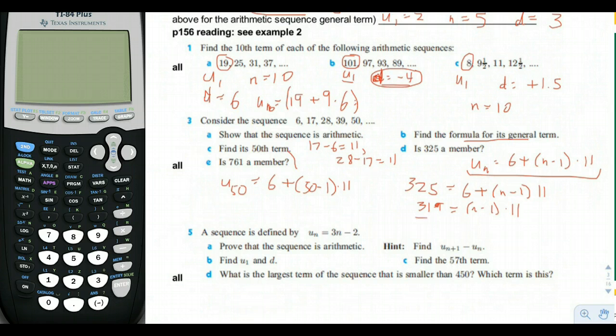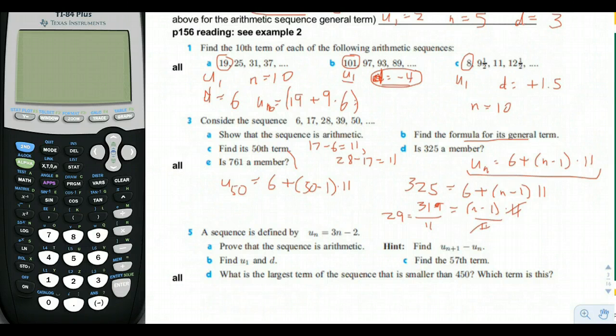Divide 319 by 11. Is 319 divisible by 11? As a matter of fact, it is. It's 29. So n minus 1 equals 29, n equals 30.